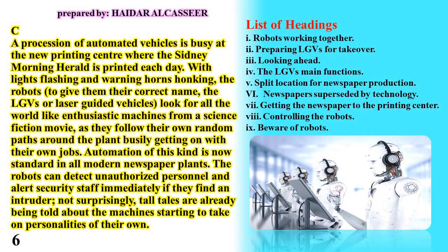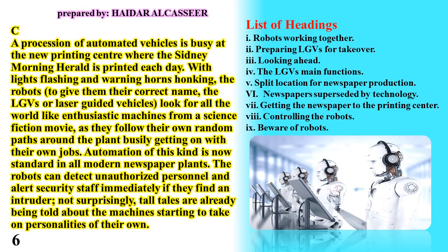Let's come to C. A procession of automated vehicles is busy at the new printing center where the Sydney Morning Herald is printed each day. Let's reread this first sentence. If we just try to take any idea from this sentence, it has no main idea, it has no precise meaning.